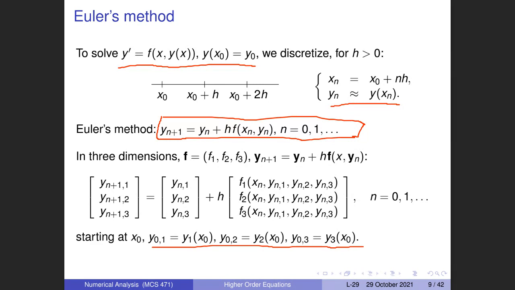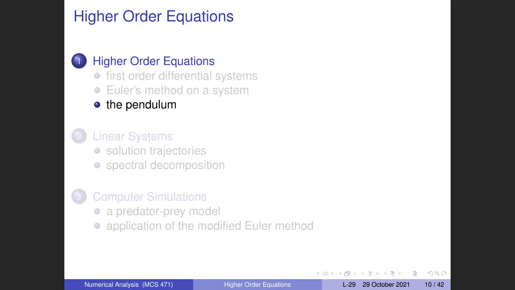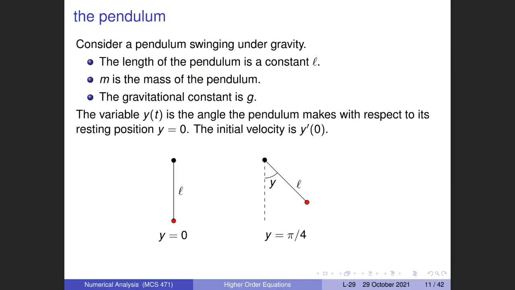So in pure notation, we see that the method of Euler immediately generalizes to systems. So this actually implies that we can solve any higher order equation. And let's do this. Let's look at an example or an application.